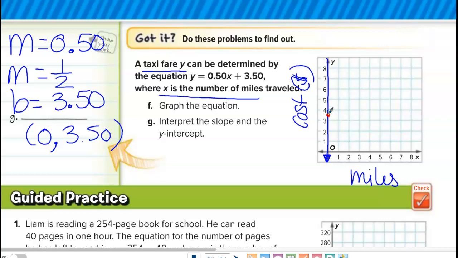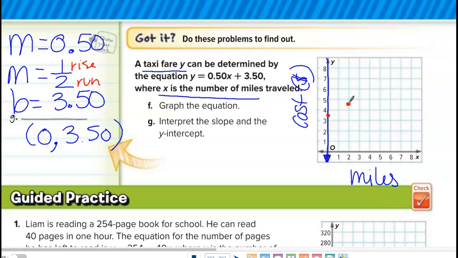Then my slope is what from there? 1/2. So how many do I rise? Good, because it's rise over run. So I rise 1 from there, so I'd be about 4.5, and then I run how many? 2. Okay, so you're over 1, 2. You put a dot.